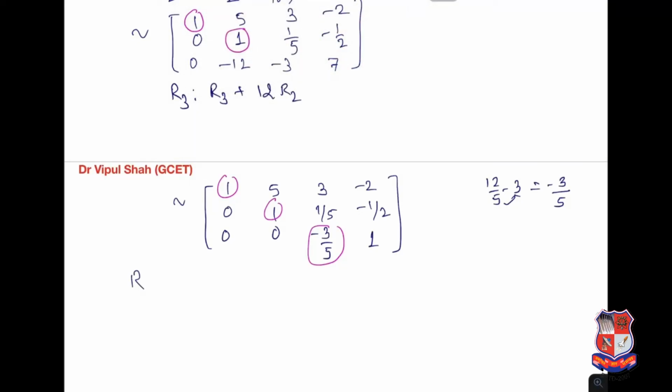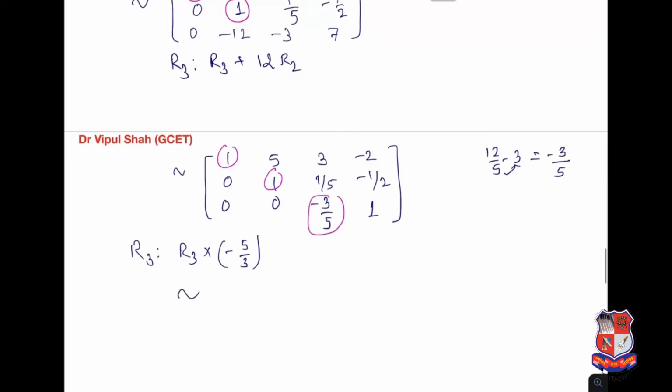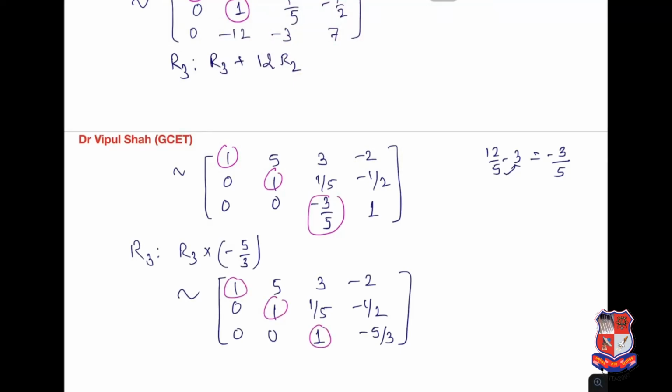Last step, applying R3 into minus 5 by 3, we get 1 5 3 minus 2, 0 1 1 by 5 minus 1 by 2, 0 0 1 minus 5 by 3. So this is in row echelon form. This is a leading one, this one is a leading one, this one is a leading one.